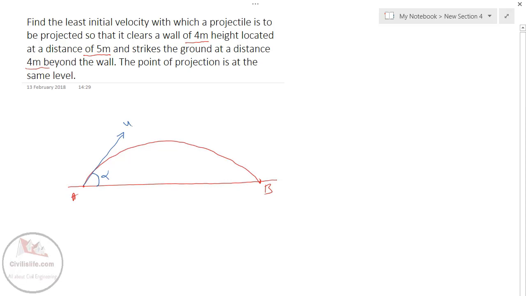And they said find the least velocity with which a projectile is to be projected so as to clear a wall of 4 meter height located at a distance of 5 meter.